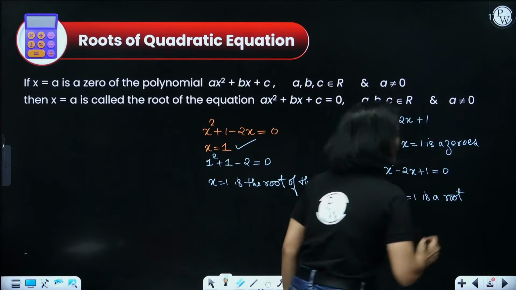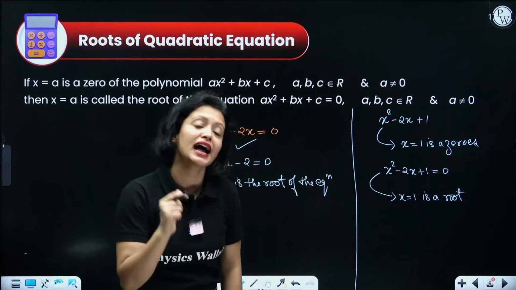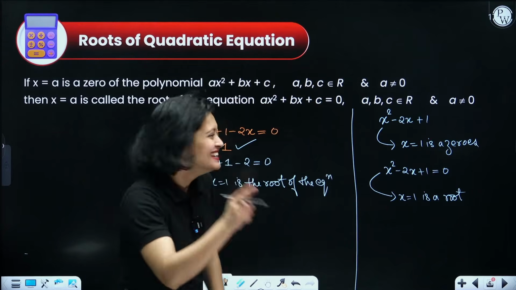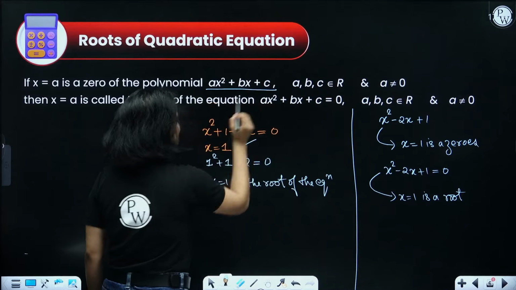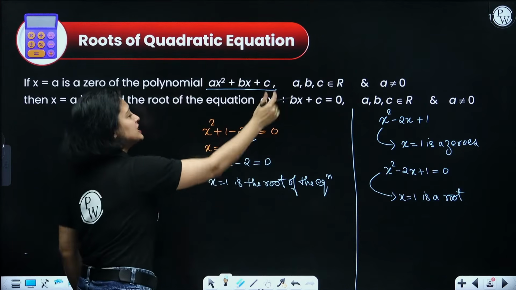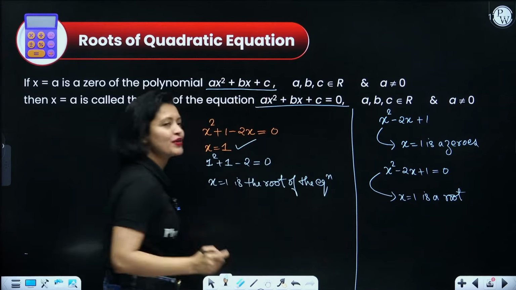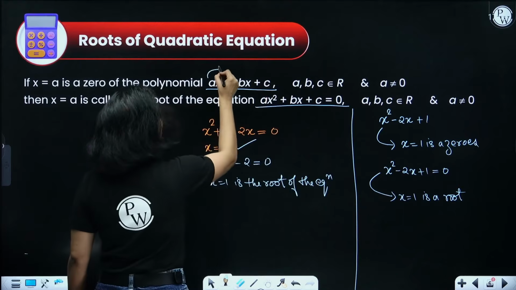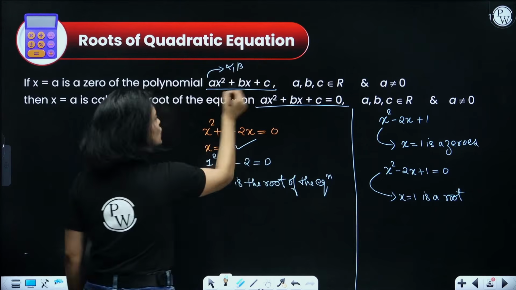So did you understand the difference between the root and zero and also the connection? See, if I have ax square plus bx plus c, here it's a quadratic polynomial, and I equate it to 0 to make it a quadratic equation, right? So let's suppose alpha and beta are the zeros here, right?